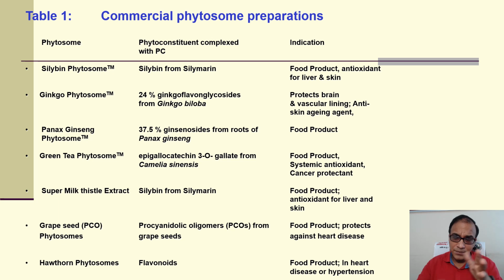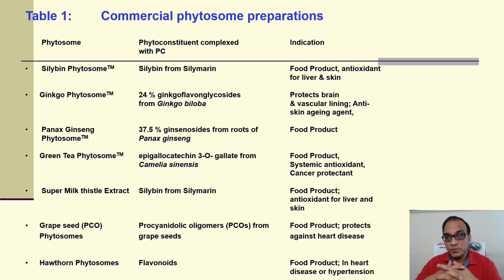Now let us have a bird's eye overview of the commercial phytosome preparations. They are the trademark of Indena, as I have told you: Ginkgo phytosome, Panax ginseng phytosome, green tea phytosome, silybin milk thistle extract, grapeseed phytosomes, hawthorn phytosomes.